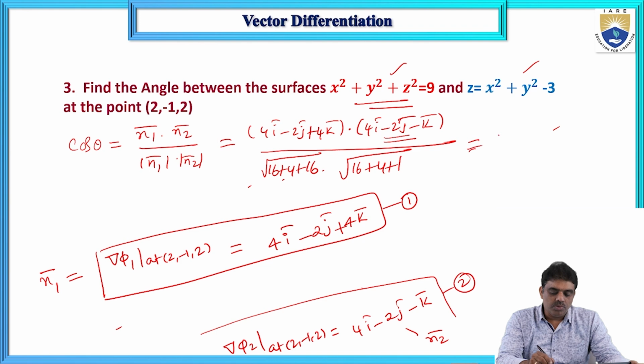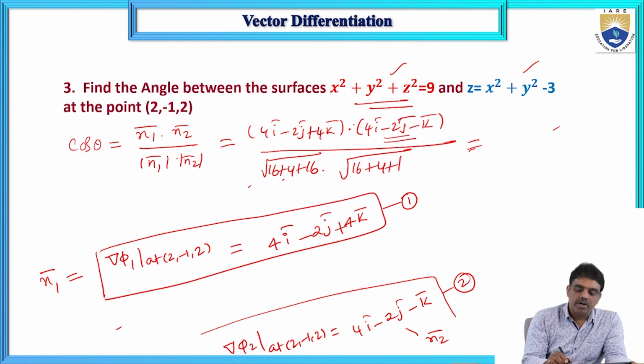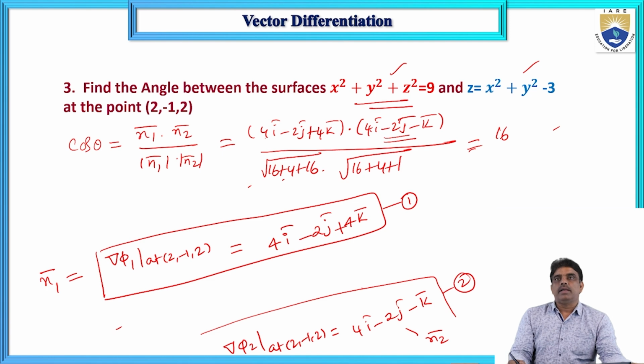So now the problem is coming to an end. The dot product of the two vectors: 4i bar dot 4i bar is 16. I bar dot i bar is 1, i bar dot j bar is 0, i bar dot k bar is 0. We only have to see the products of i bar dot i bar, j bar dot j bar, k bar dot k bar; the remaining are all zeros.